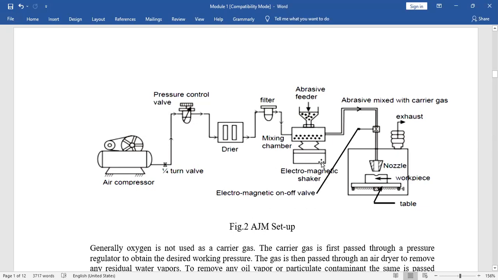This is the abrasive feeder, where the abrasive particles and compressed air mix. It is mixed in an electromagnetic shaker, and from this pipeline it goes into the nozzle. This is your chamber, and this is the table.